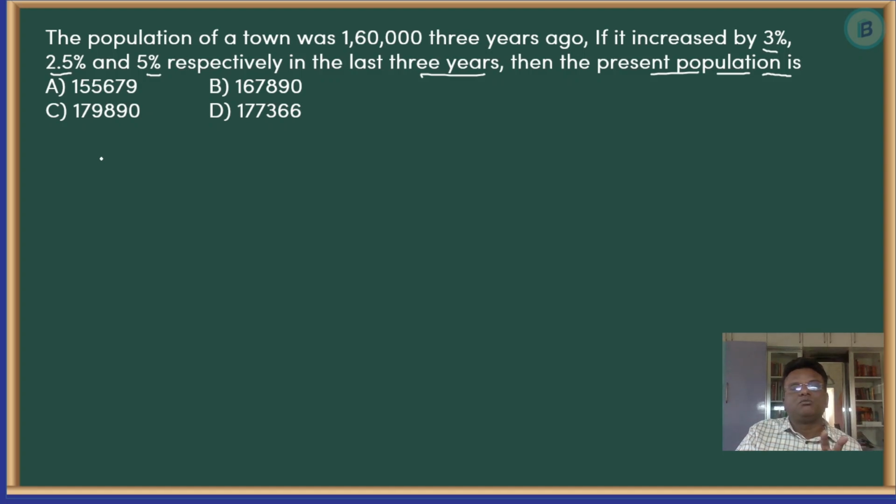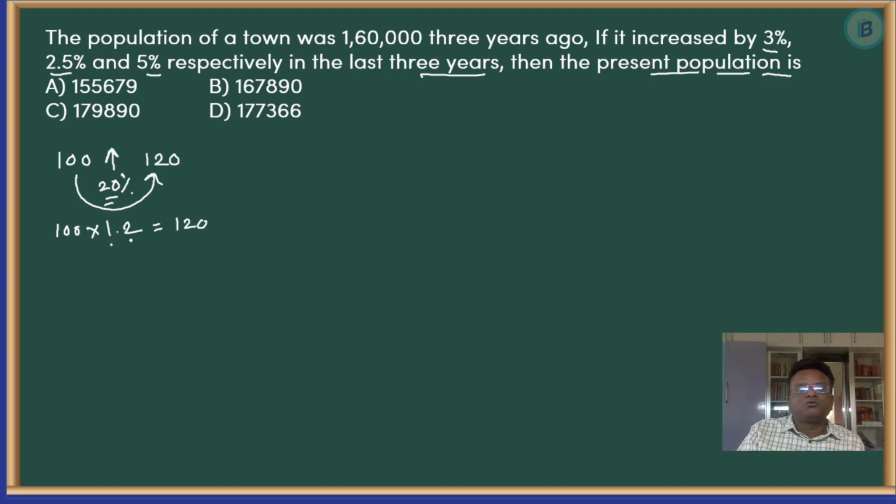Calculation wise, this is a little complex, but pay attention. You know that if it is 100 and I increase it by 20%, it becomes 120. Now this is an increase of 20%. Now from here to here, to get this, I have to multiply it by 1.2. So if it is 20%, I have to multiply it by 1.2. If it is 50%, I have to multiply it by 1.5. Remember this.